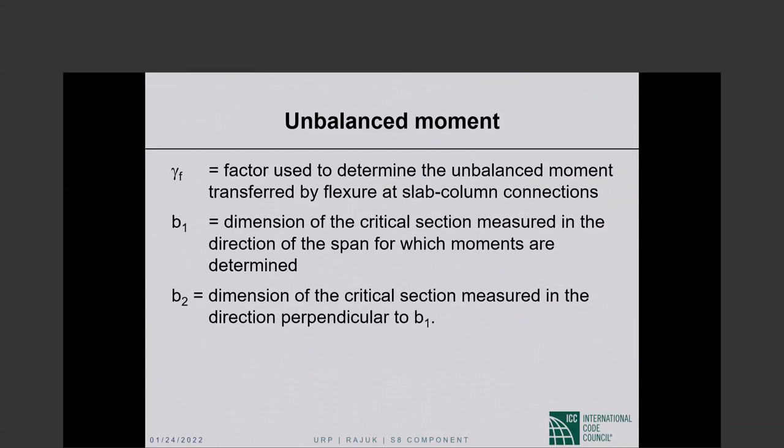So gamma sub f is the fraction of unbalanced moment that is transferred by flexure. b1 is the dimension of the critical section measured in the direction of the span for which moments are determined. So b1 is the dimension of the critical section for two-way shear in the direction of analysis. b2 is the dimension perpendicular to the direction of analysis.